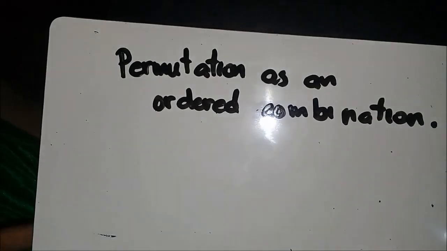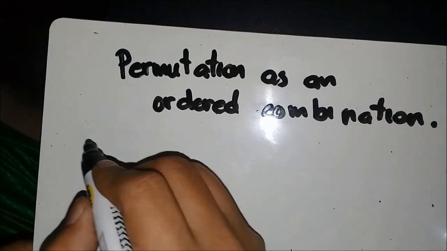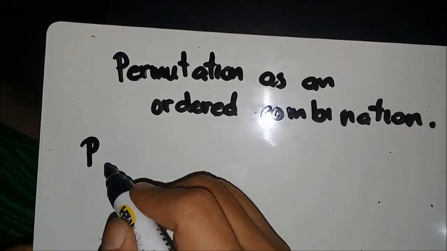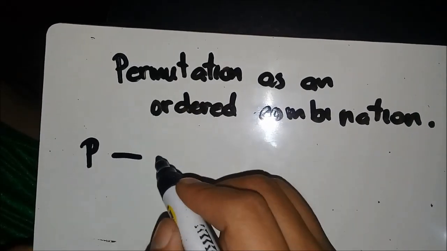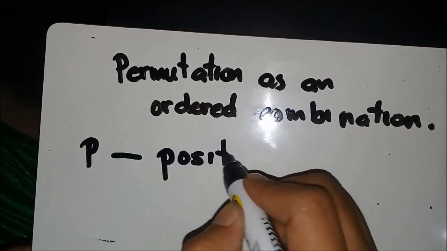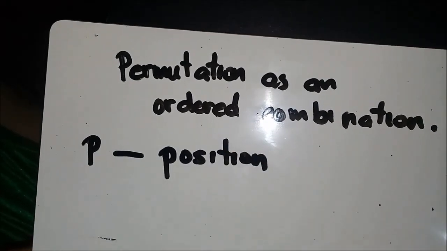Now, if this bothers you, for an easier recall, when we talk about permutation, then we talk about position. Position is important. The number of permutations of n distinct objects is denoted by n factorial.